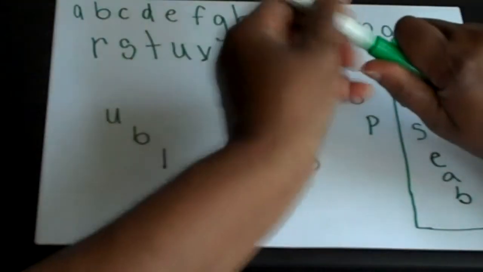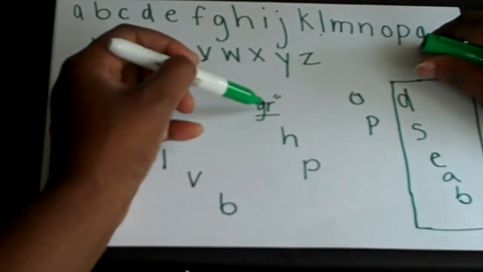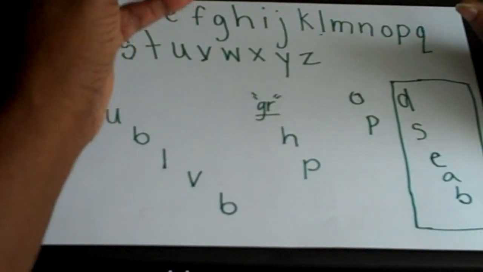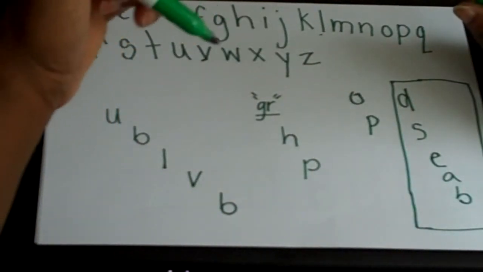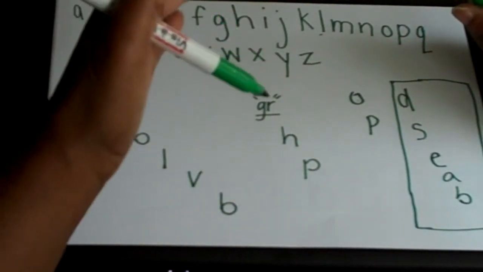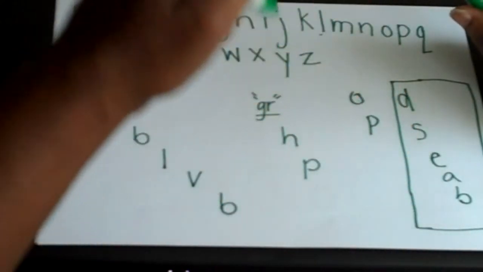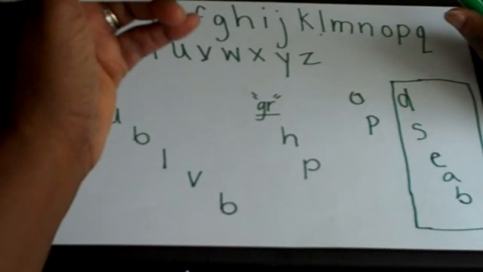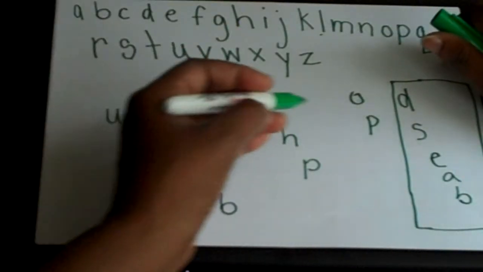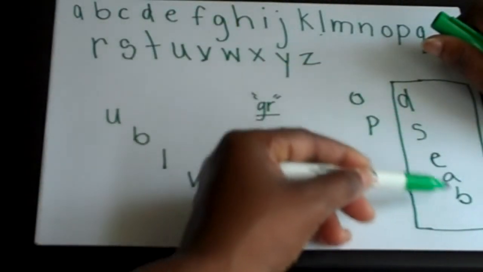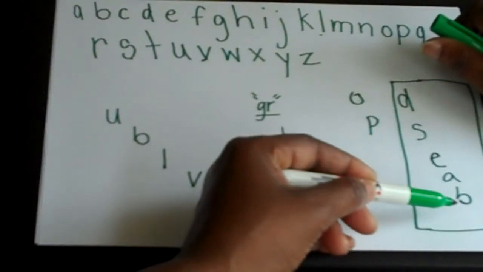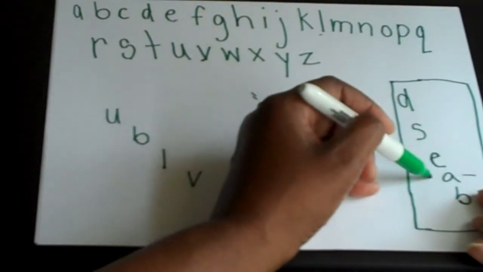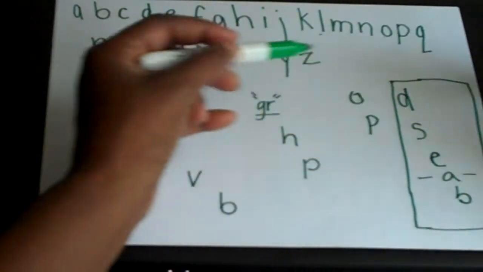And I put grass, but grass is one word and there's only one syllable. That's how I came up with this word, and then did not put that sound in.